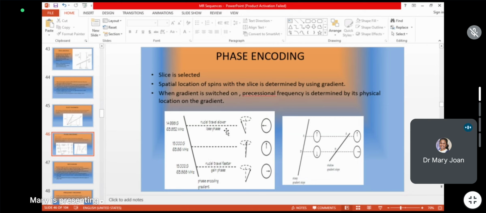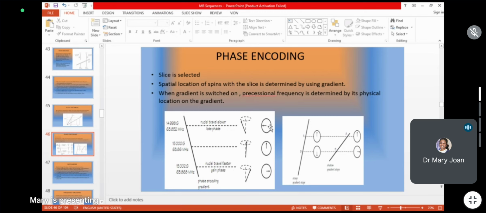So at what phase the spin of the nucleus is at a particular time, that is what is shown here. Nuclei travel slower and lose phase, and this is when it is in the straight position, and nuclei travel faster and gain phase.